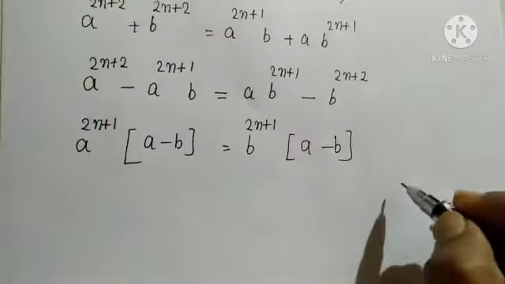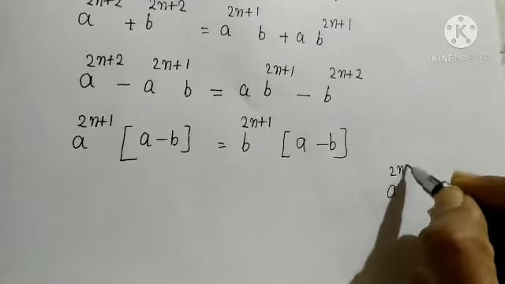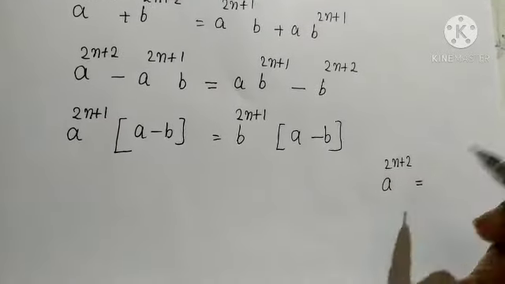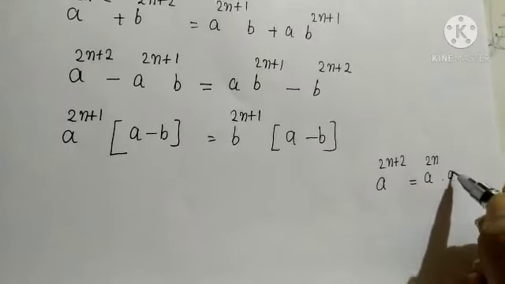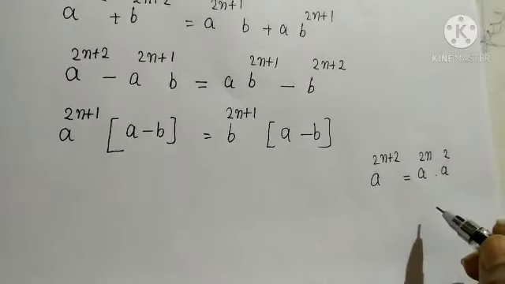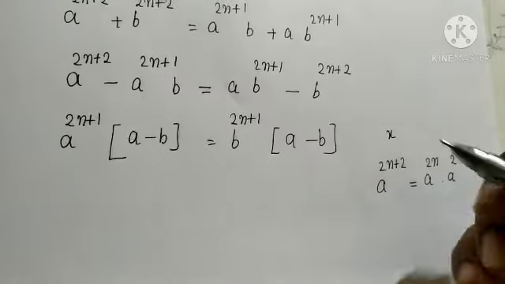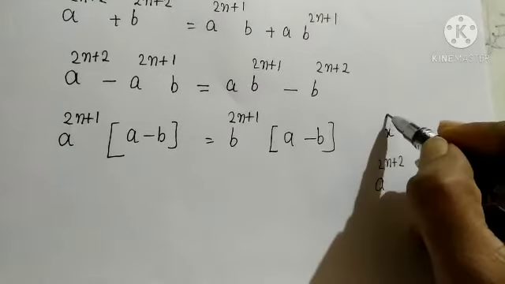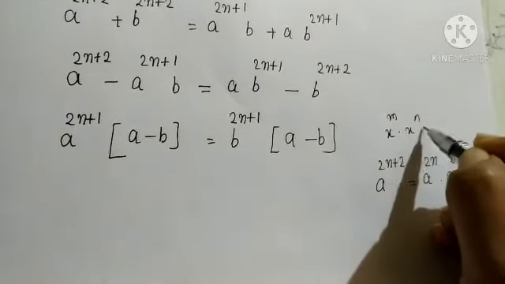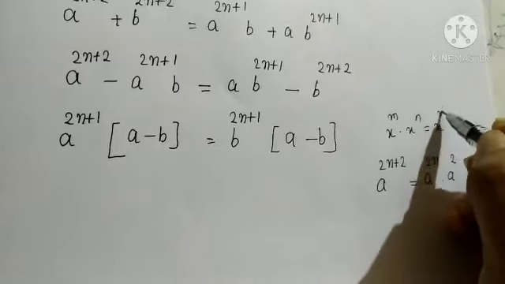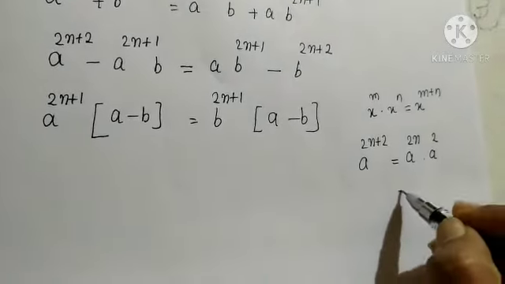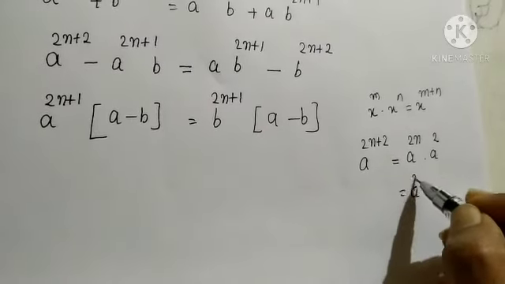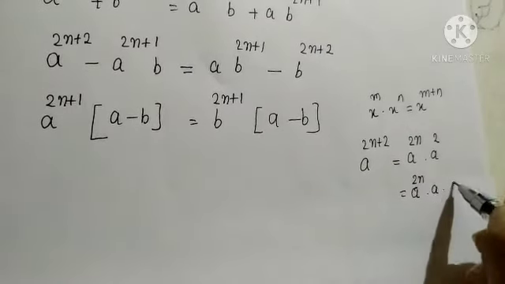We know that a raised to 2n plus 2 can be written as a raised to 2n into a square, using the law of exponent x raised to m into x raised to n can also be written as x raised to m plus n, right? And this can also be written as a raised to 2n into a into a.